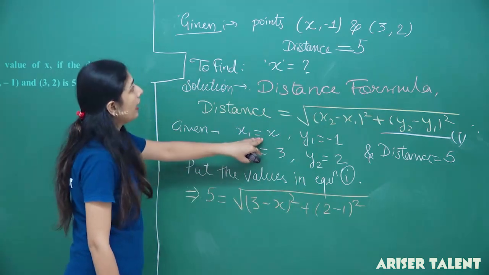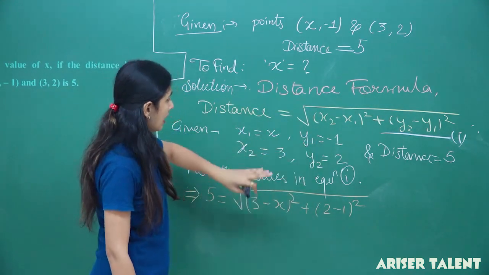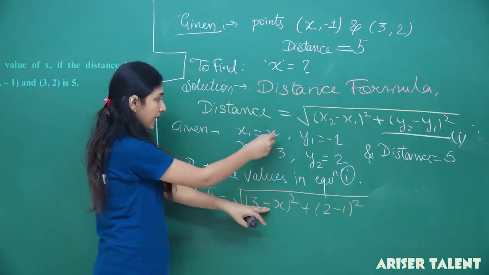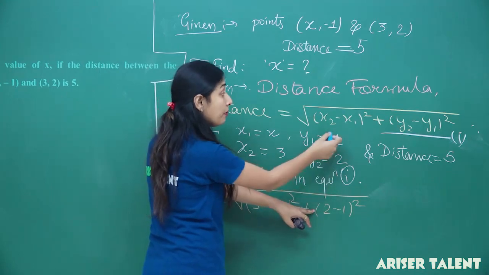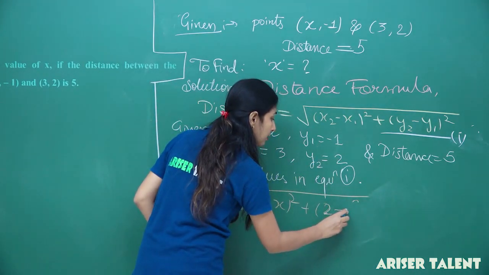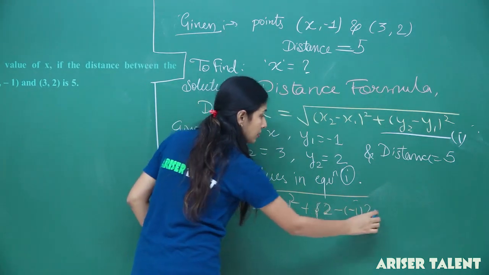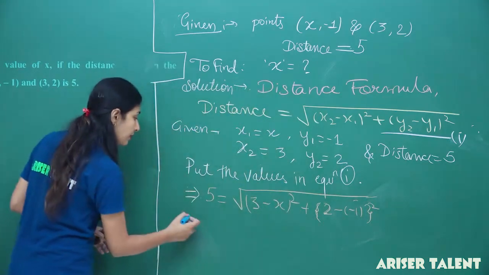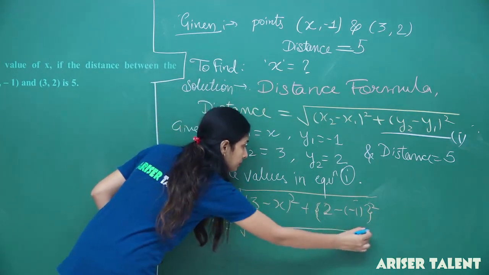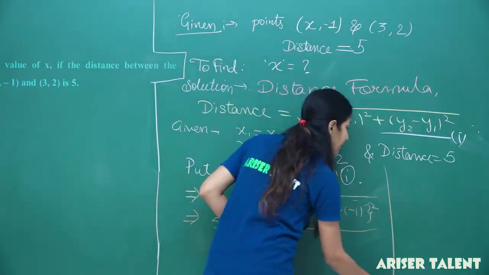Now 3 minus x, and 2 minus of minus 1, 2 minus of minus 1 square. So that will be 5 equals, now you know the formula a square plus b square.